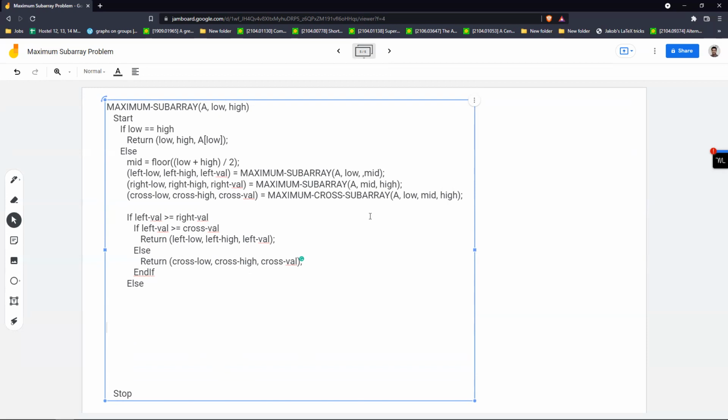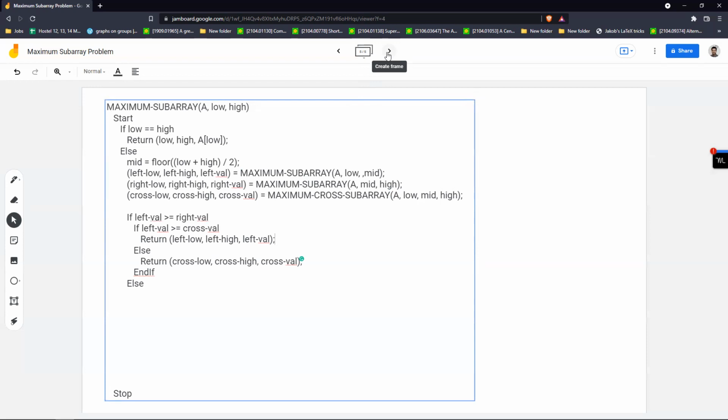But note, in maximum subarray, we used two smaller maximum subarrays, which is recursion. But there is also this maximum cross subarray that we have not defined. So this algorithm is remaining. Okay, this algorithm remains to be written down. Is that okay? So let's do that.